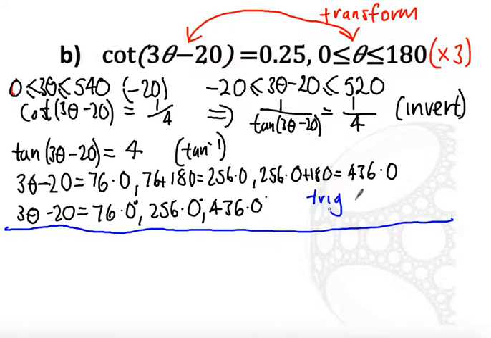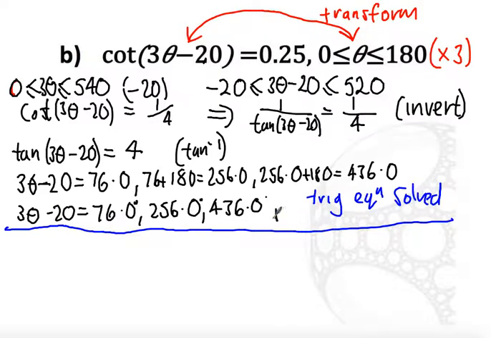Trig equation is solved. And you must remember that you must find all the possible solutions in the range that matches this transformation before you even think about solving this algebraic bit. The algebraic bit is the last bit. That's nice and straightforward, but you have to do the trigonometry first.